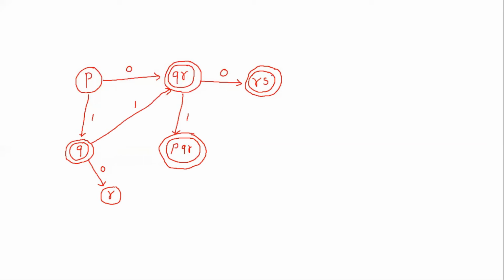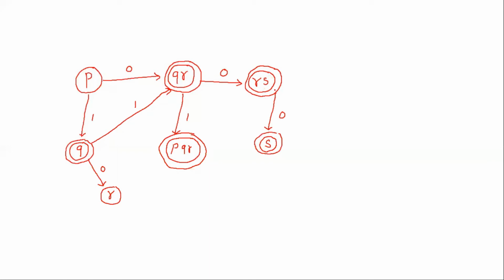Then let us write the transitions from RS for 0 and 1. RS for 0 goes to S. Now this S will be the final state.